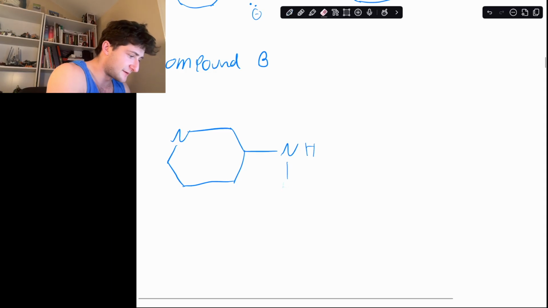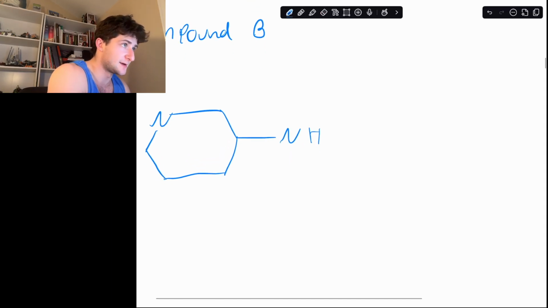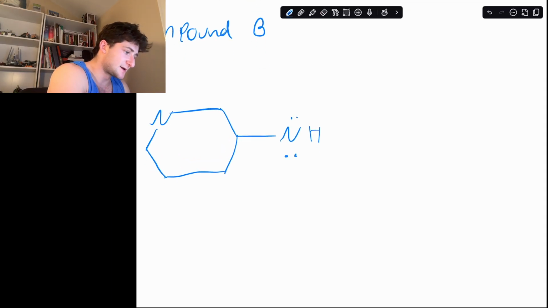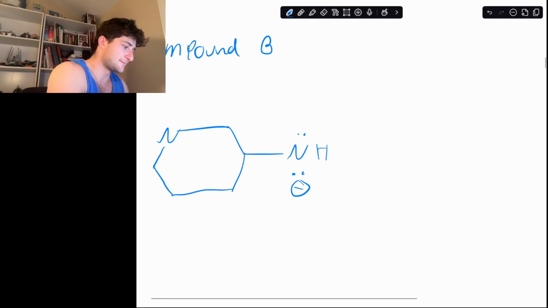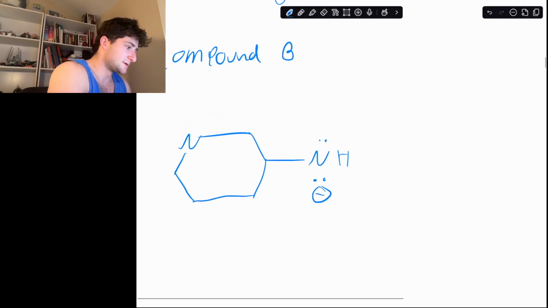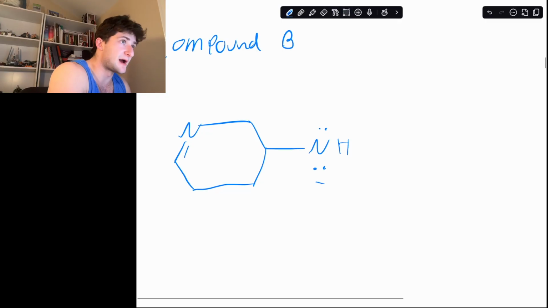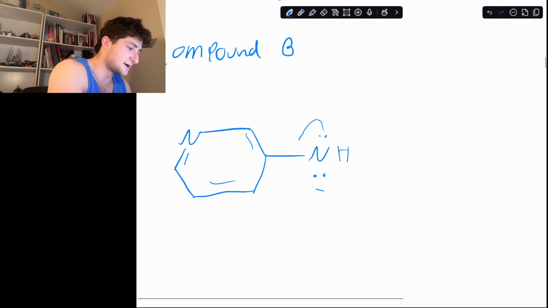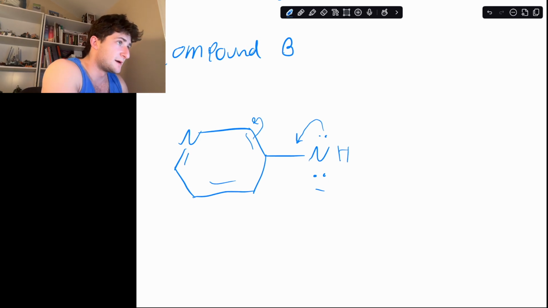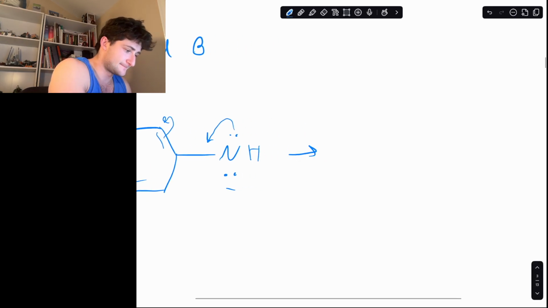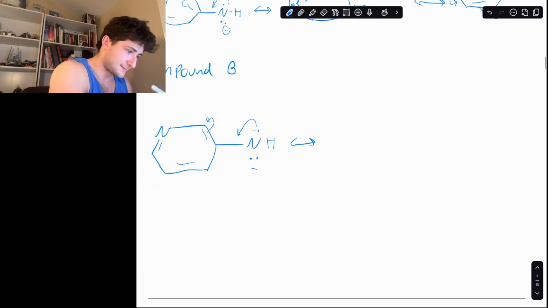But take off that hydrogen because we're going to deprotonate, because it's the conjugate base that we're interested in here. So, unsurprisingly, we're going to do the exact same thing. So, lone pair, pi bond, lone pair.